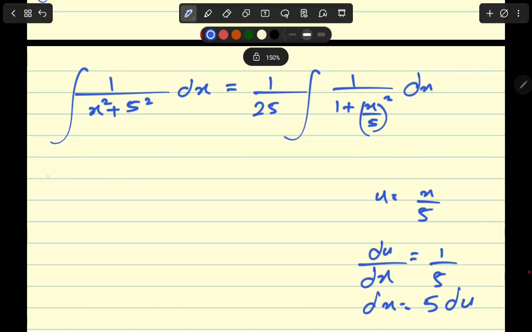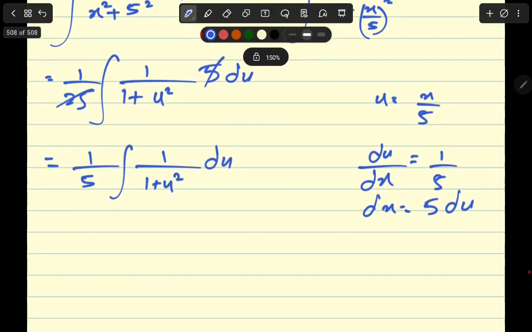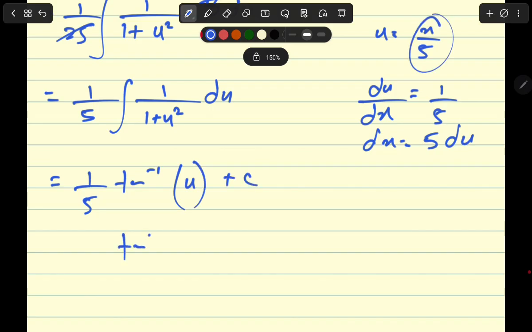Okay, so now this is going to be equal to 1 upon 25 integral of 1 upon 1 plus u squared, and dx is going to be equal to 5 times du, so 5 cancels with the 25. So this is now 1 upon 5 integral of 1 upon 1 plus u squared with respect to u, and we already derived it. We saw the antiderivative, so that's nothing but tan inverse of u plus c, and u was x upon 5. So we are going to put that here as well. So x upon 5 plus c.